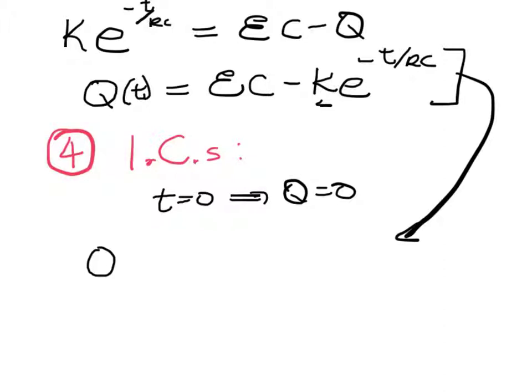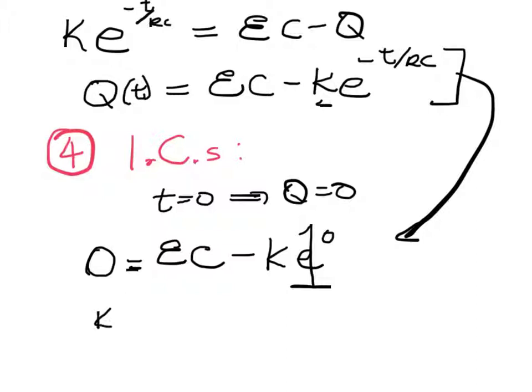So when the charge is equal to 0, this whole thing is 0. So this right here, e to the 0, is just 1. So that says that K is equal to the battery voltage times C, which is the same as that first term right here.